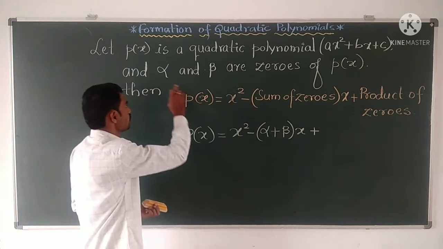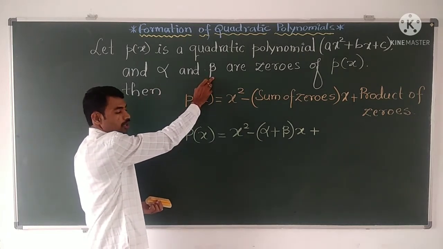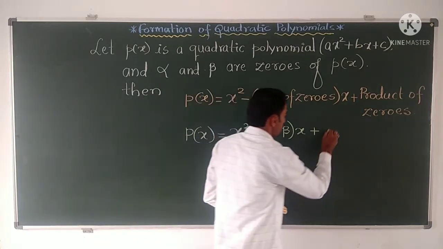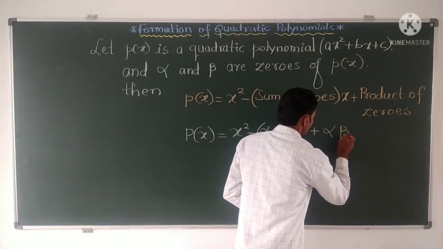What is the product of the zeros? Alpha and beta are the zeros, so the product is alpha into beta.